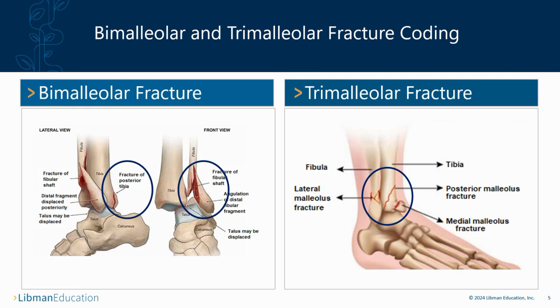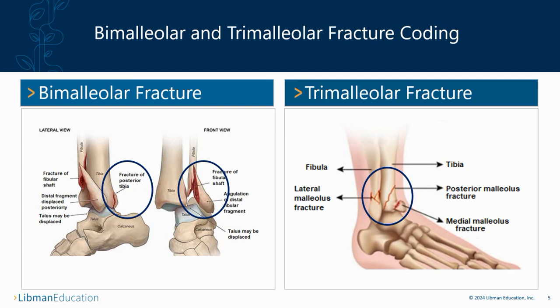The challenge here is that the surgeon will probably call this an ankle fracture, but in PCS, it is coded as reposition of the individual bone fractures. You can see the small piece of the tibia that's broken off the posterior malleolus and the larger piece of the fibula that is broken off the lateral malleolus. This is a classic break for a bimalleolar fracture.